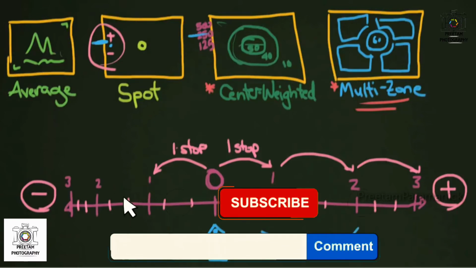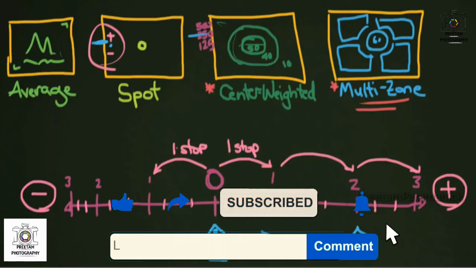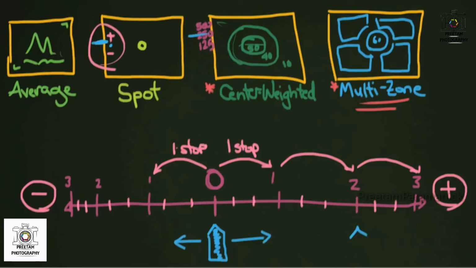So if your little blue line is over here, that means you're overexposing by 2 stops, so your photograph is going to be way too light. I'm going to write too light over here, and this will be too dark. Like I said, the same thing applies if you're over here. You're 2 stops underexposed, which means you would need to change your f-stop by 2 full stops to get to your correct exposure.